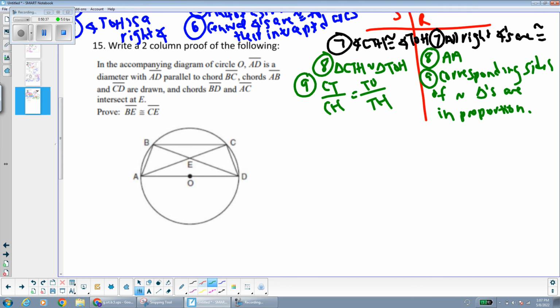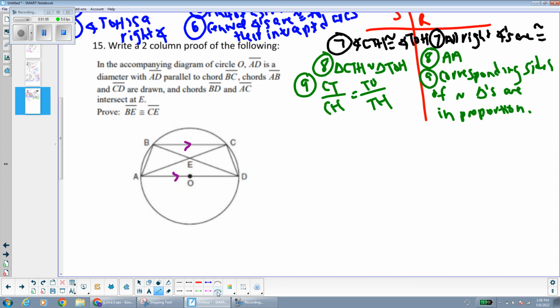We know here that AD is parallel to BC, and we are trying to prove that BE is congruent to CE. So whenever we're trying to prove that a pair of corresponding sides or angles are congruent, that tells me that we're going to be using CPCTC. So before that, we're going to have to prove triangles congruent to each other.